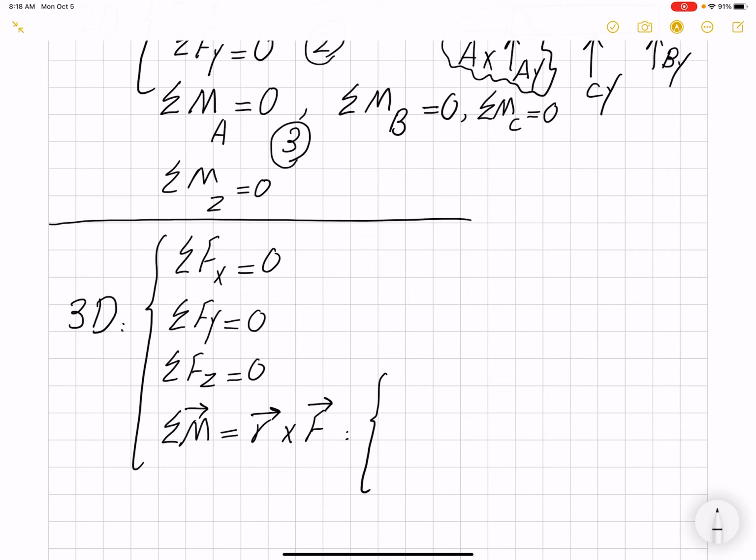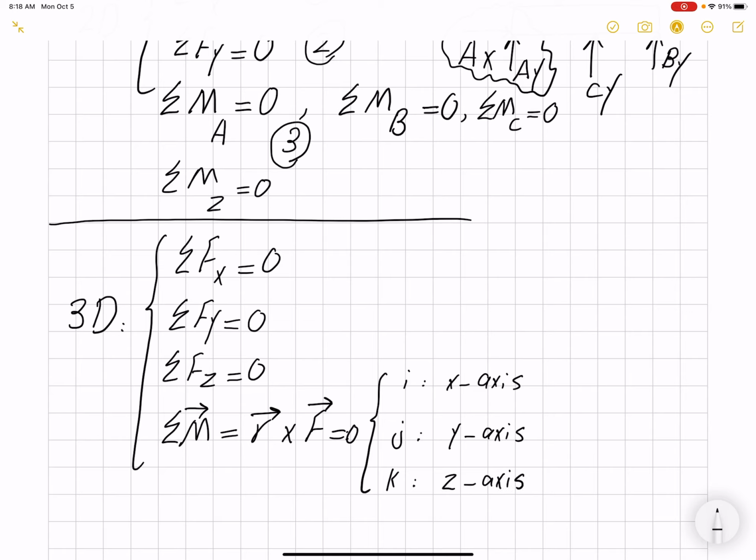The result of r cross F is a vector, so we have i component, j component, and k component. So basically we have 3 equations, or you can think of it as x-axis, y-axis, and z-axis.